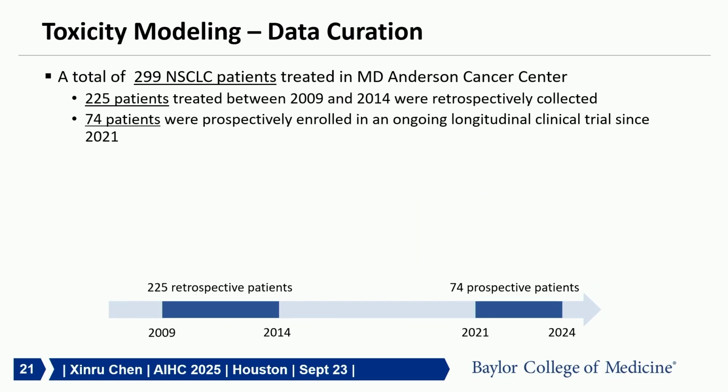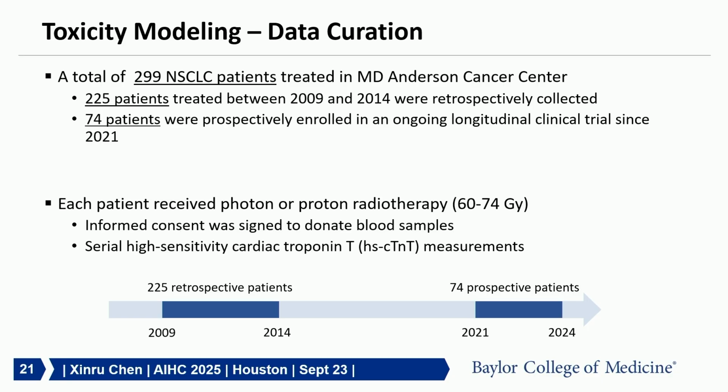We curated a total of 299 patients treated in our institution, and 225 of them were retrospectively collected, and 74 of them were prospectively enrolled in an ongoing clinical trial. Each patient received photon or proton radiotherapy. Informed consent was signed to donate blood samples, and we serially measured the high sensitivity cardiac troponin T before, during, and after the radiotherapy.